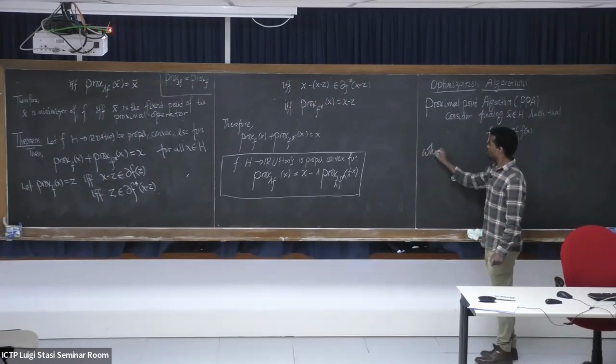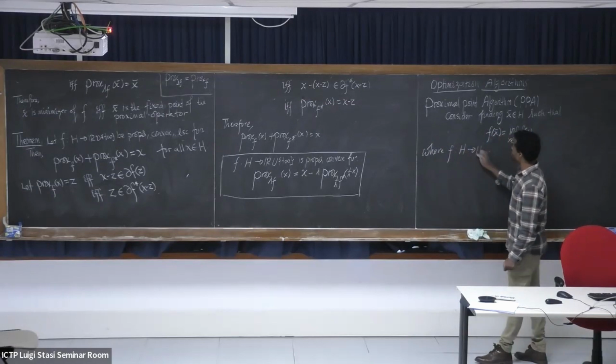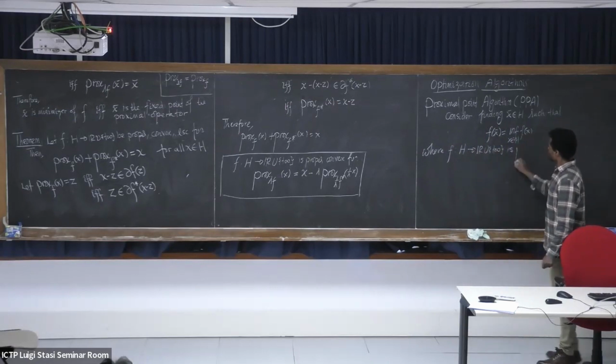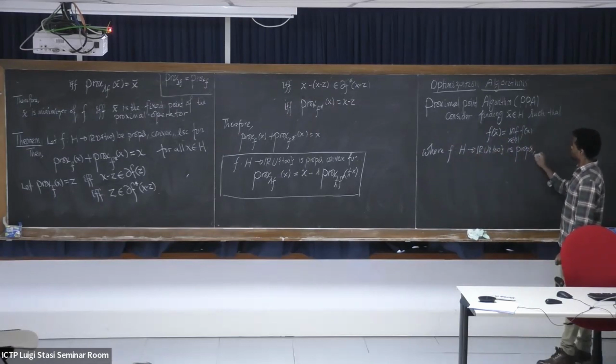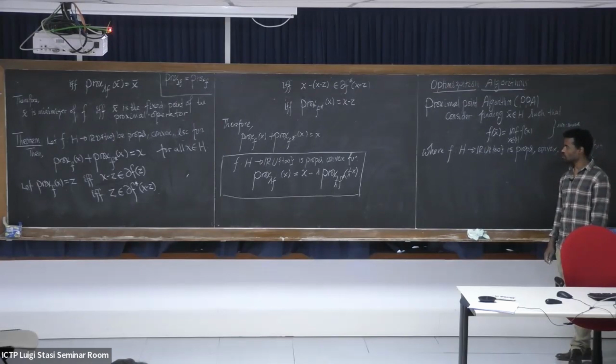Where f is proper, convex and lower semi-continuous function. So this is a non-smooth optimization. We don't need differentiability here.